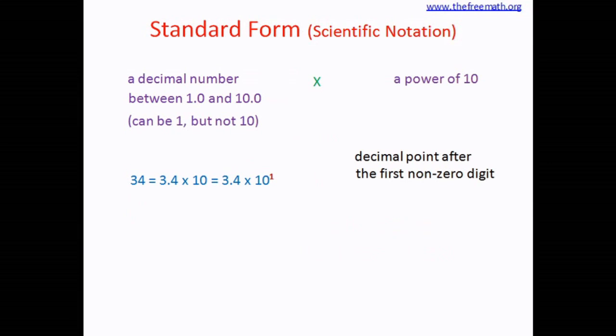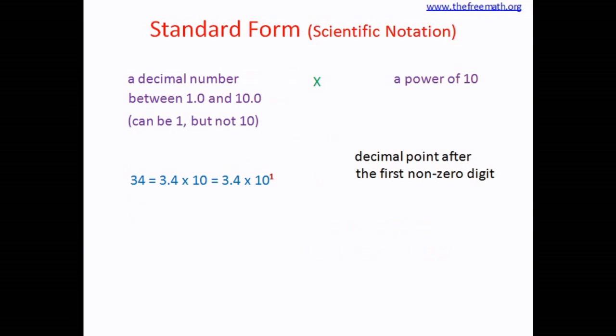So my first step is always write the decimal point after the first non-zero digit, multiplied by the second step, which is 10 to the power of something. So now I have to figure out what is the power of 10. That will be my second part.